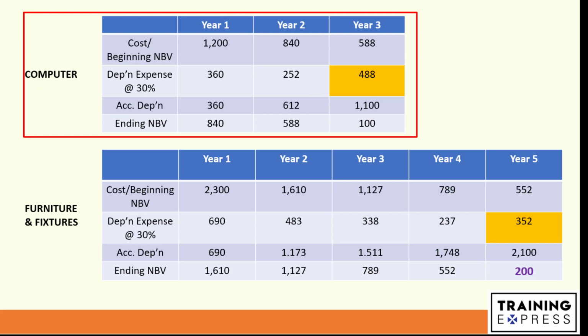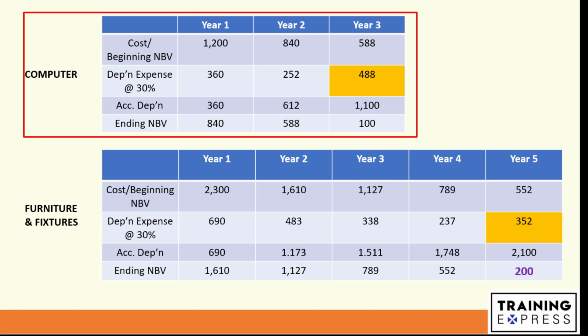Year number 3, we will start again with $588, that is the beginning book value. And now we will calculate depreciation at the rate of 30%, but it will not be the same amount here, because we assume that the useful life of the asset is 3 years, so at the end of 3 years we will stop. So we have assumed that the ending net book value, or the residual value, of the asset will be $100 at the end of 3 years.